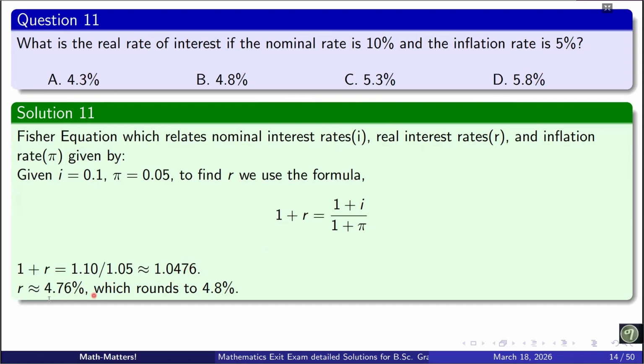So R can be approximated as 1.0476 minus 1, which is 4.76%, and it can be rounded to 4.8%. So the answer for this one is B.